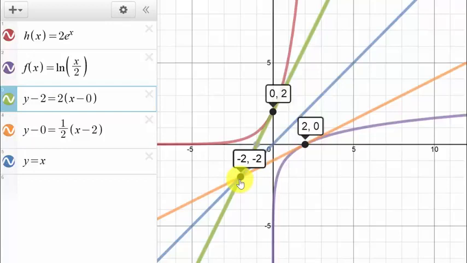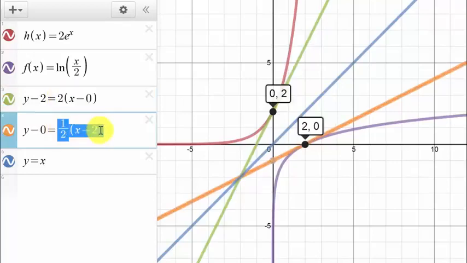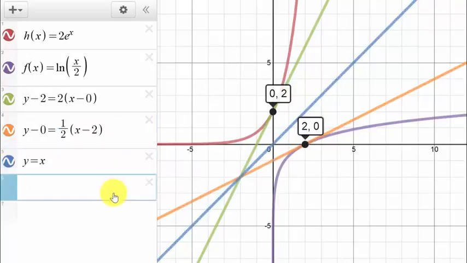You can actually do that analytically and figure out what the slopes of those lines are. If you look over here at my graphs, you can see the slope is 2 for one of them and the other slope is 1/2. So there's a graphical representation of what we just talked about.